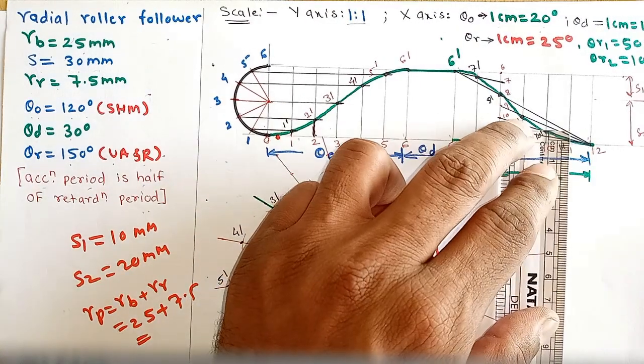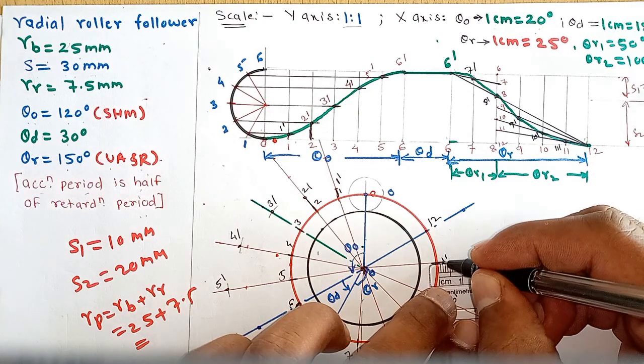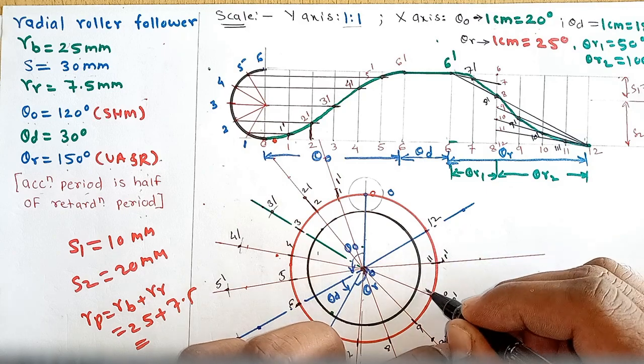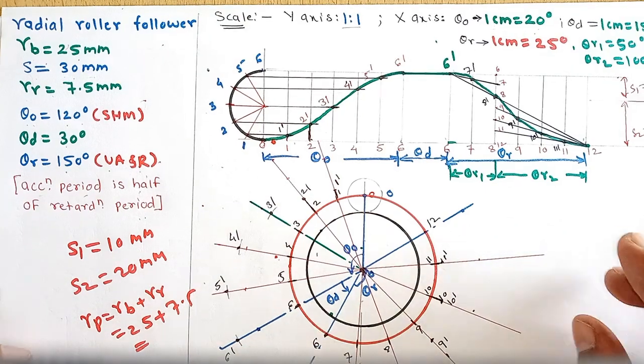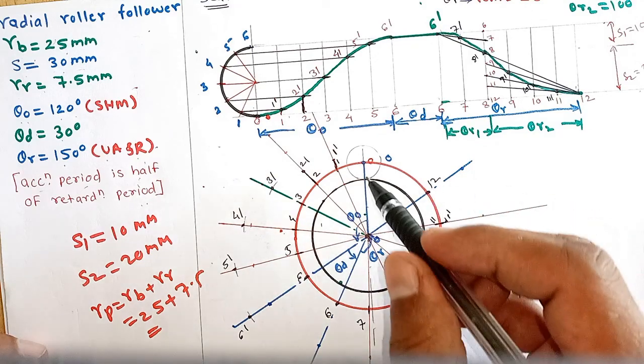And at instant number 11 it is 2 millimeters. This is 11 dash. And at 12 it is 0. Now these are the positions of the trace point.